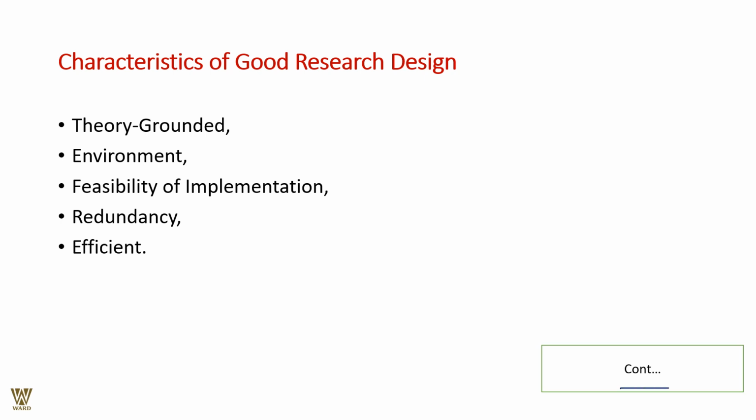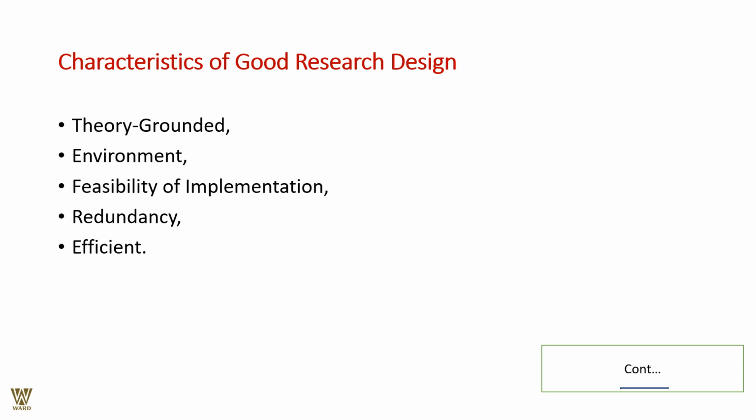So, characteristics of good research, and we will be continuing it for the next presentation, so the next screen also. One, it should be grounded in fundamental theories, absolutely grounded on fundamental theories, absolutely accepted by all community members. It should be embedded into the environment. There has to be a feasibility of implementation.